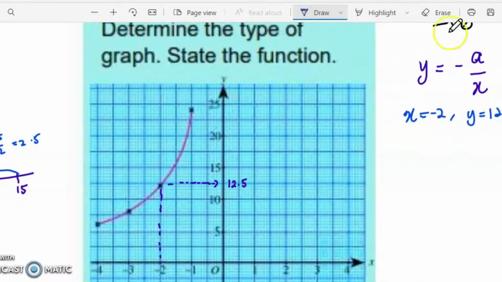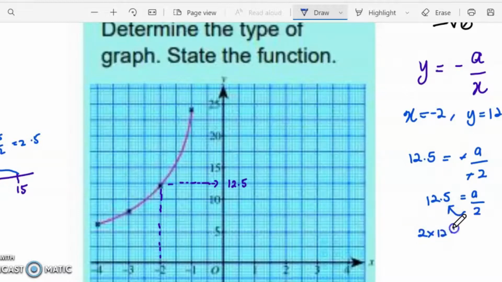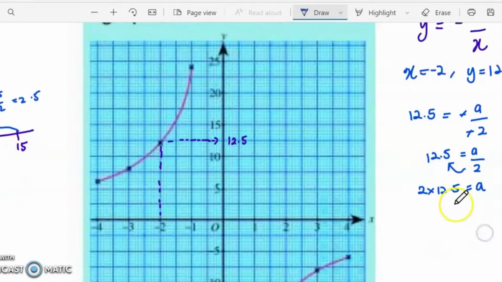So I substitute into the general form. So that is 12.5 equal to negative a over negative 2. So this one, negative negative will become positive. So 12.5 equal to A over 2. So 2 brought to the other side. 2 times 12.5 equal to A. So A will be 25.